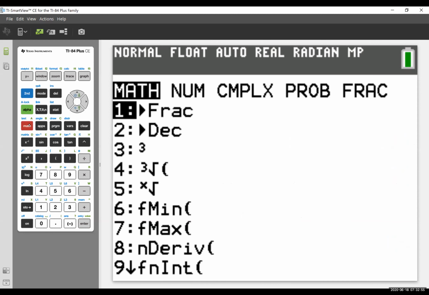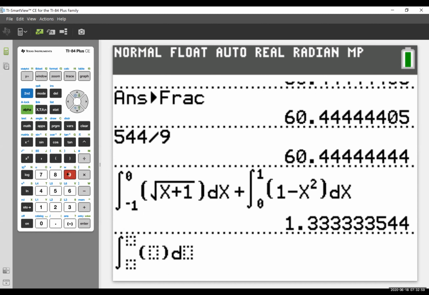So again, math menu, 0 to 1, limits of integration. Now, if we're going to use y, we can. You could also temporarily pretend it's x, as long as you're taking it with the same integral.